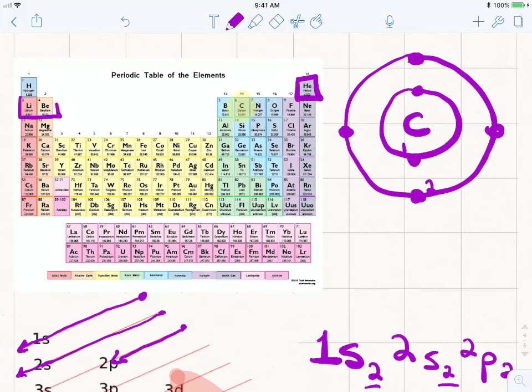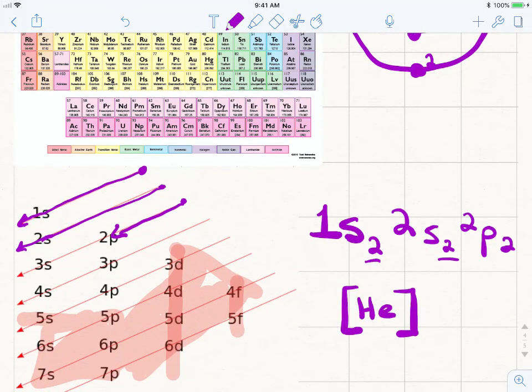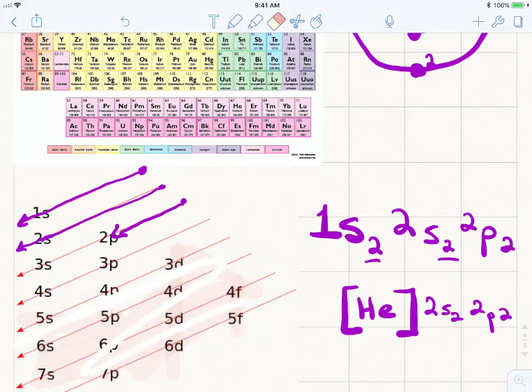Well, you have your 2s2, and then here's going to be your p, and you only have 2 in there. So you have helium, 2s2, 2p2. Now, this seems a little bit confusing, but the more you do it, the more you can see this pattern here. So we're going to do another one.